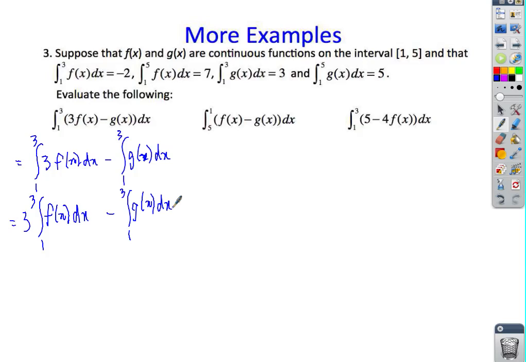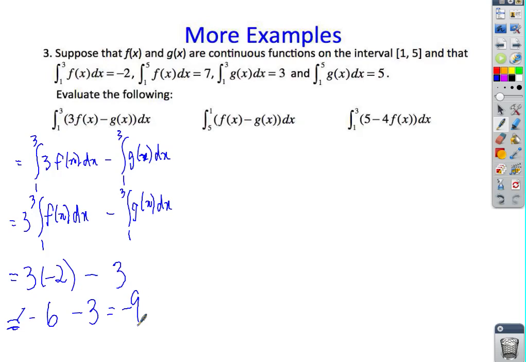So integral 1 to 3 f of x dx is 2. So this is 3 times negative 2 minus, and the integral from 1 to 3 of g of x dx from above is 3. So here my answer is negative 6 minus 3 for negative 9.